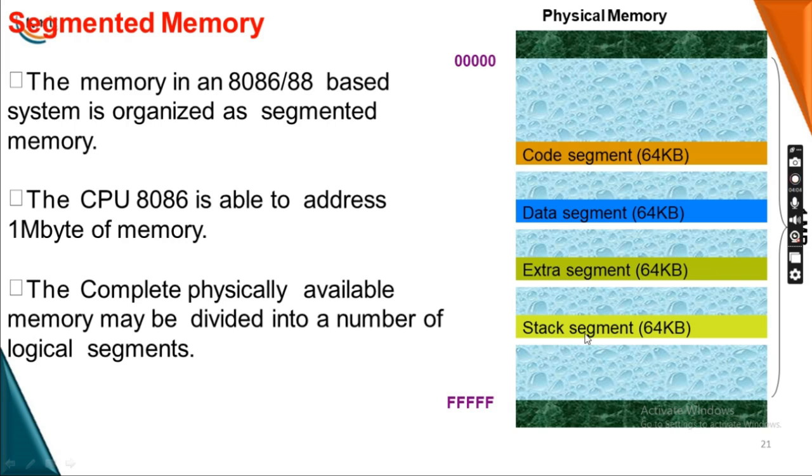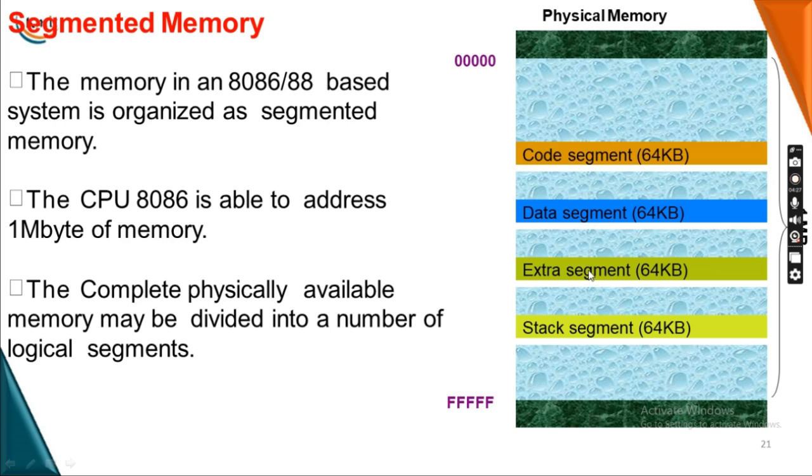As it is 1 megabyte of memory space, its address starts from 00000H in hexadecimal to FFFFFH. This is the starting address of the memory and this is the final address of the memory.